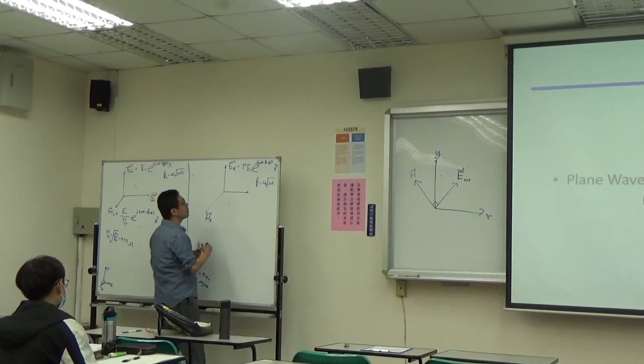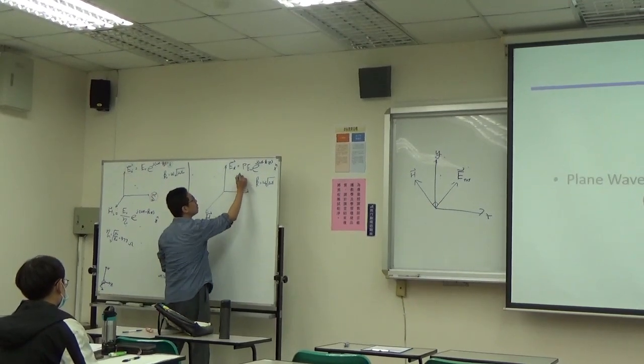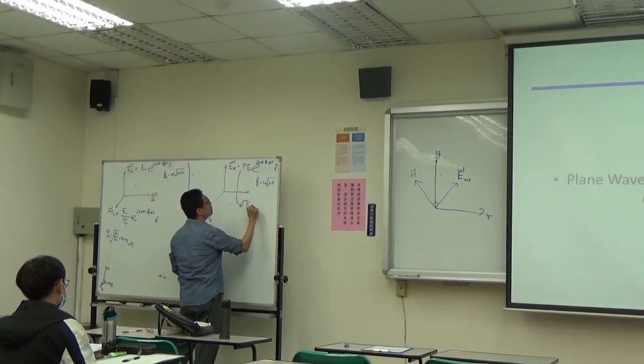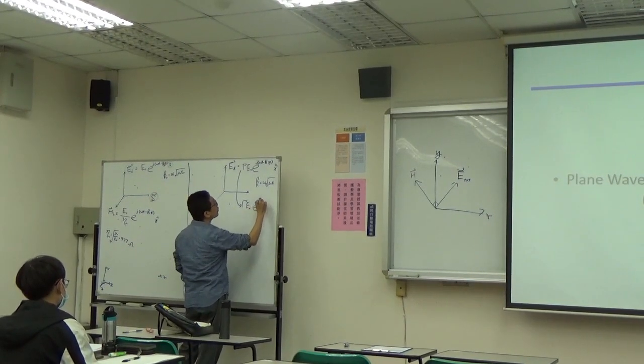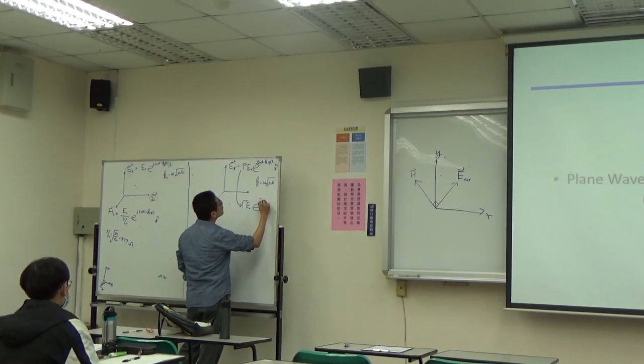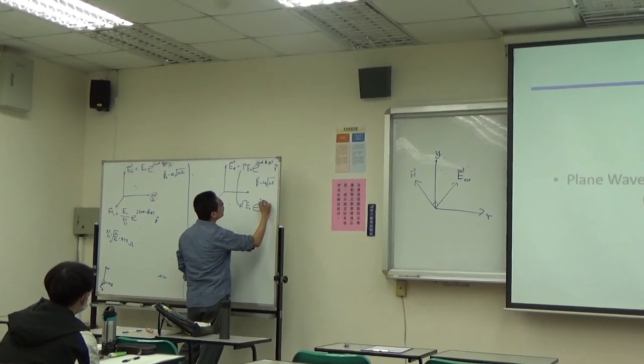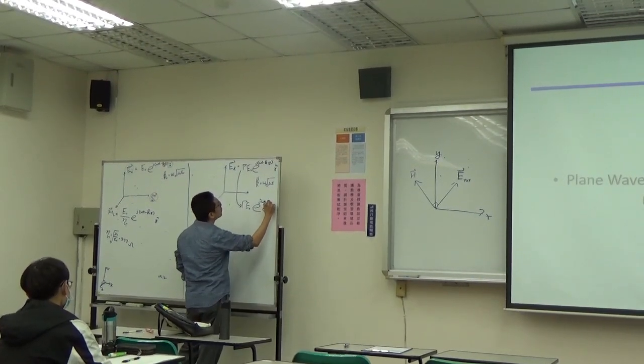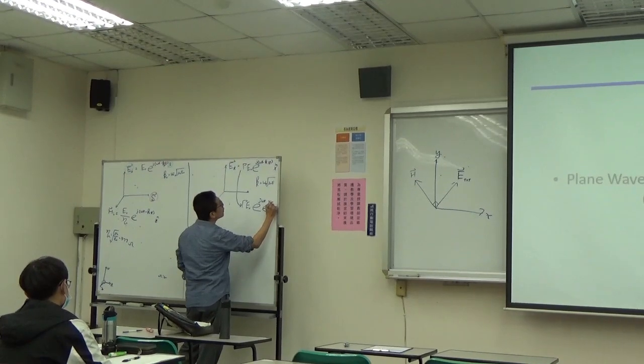And if this is a lossy case, you use gamma epsilon E0 exponential j omega t and exponential gamma z.